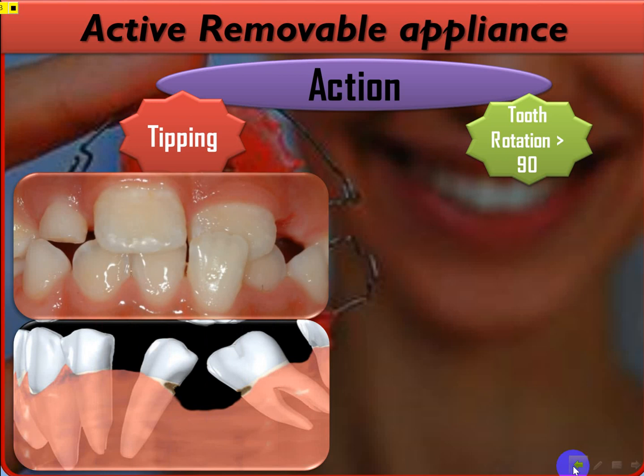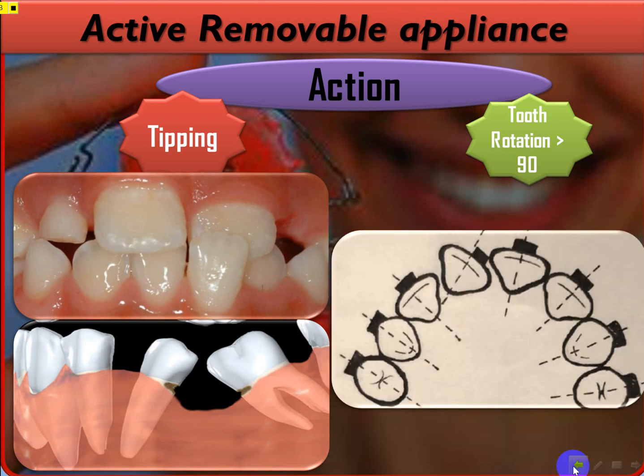So either labial movement or lingual movement or mesial or distal movement. And the rotation movement, which is less than 90 degrees, when we use a couple force system. So these are two types of tooth movement that can be produced by removable appliance.